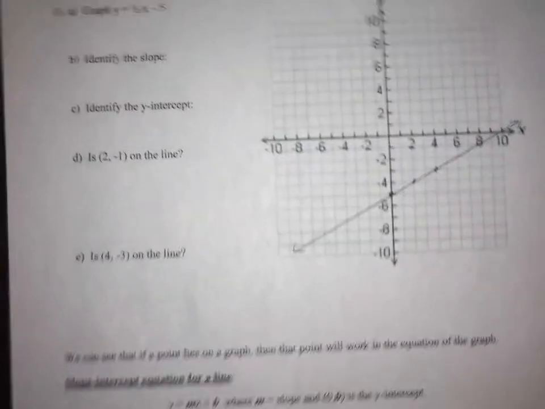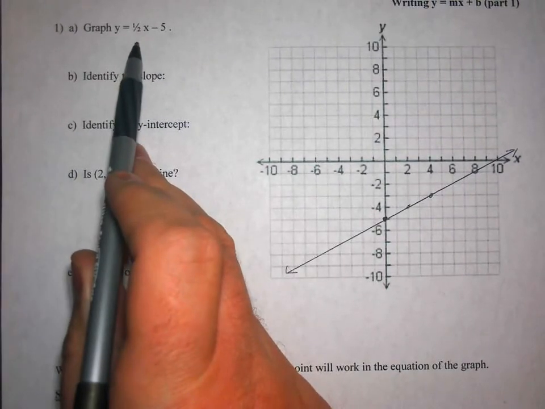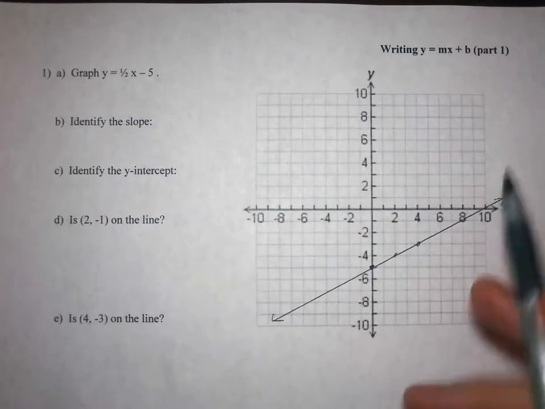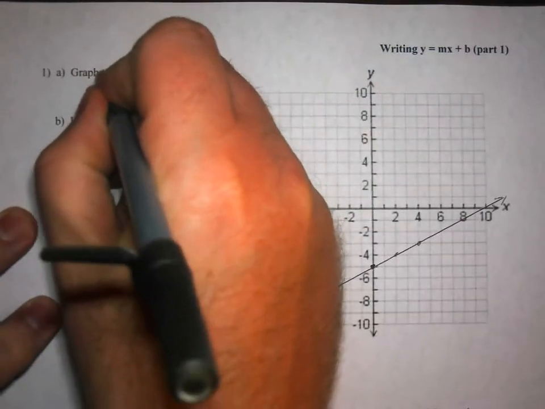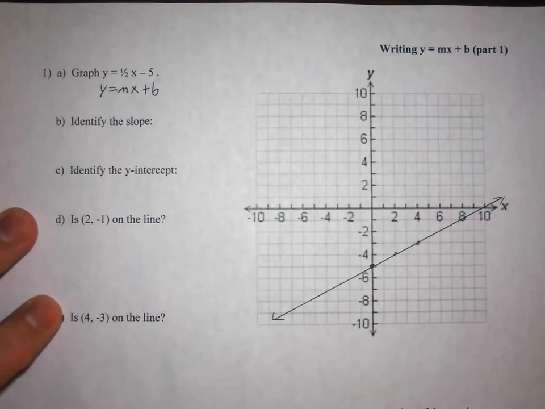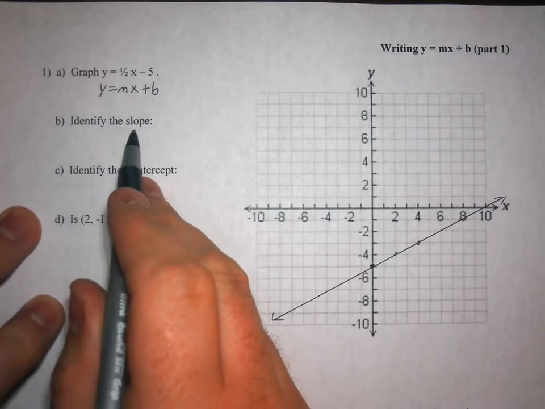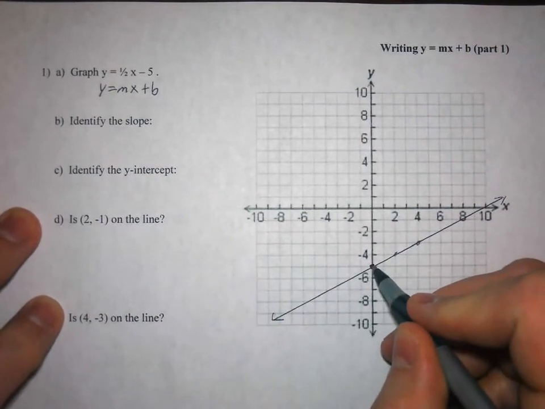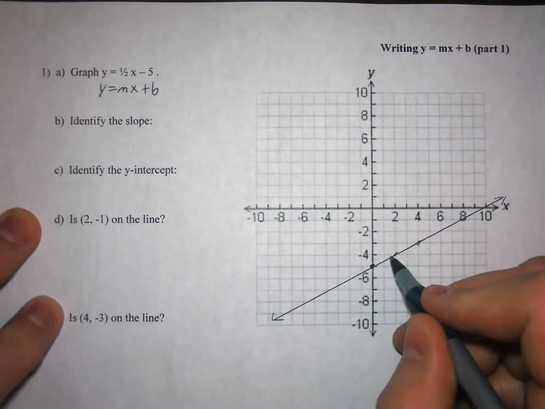So now what we want to look at in more detail is that when you see this equation, it's a special form, and that form is y equals mx plus b. We're going to be able to recognize that form. In question B, it says identify the slope. If we start at 0, -5, we go up 1 to the right 2.